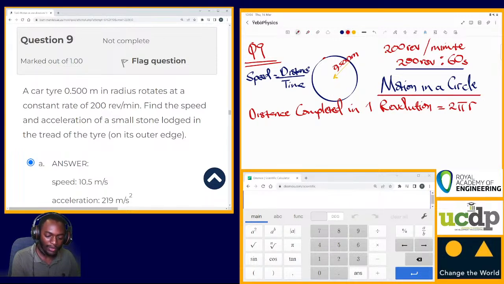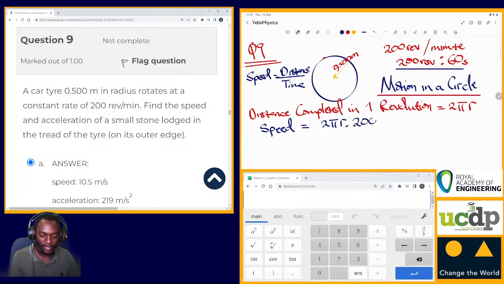So if we go back to our equation, the speed becomes equal to our distance, which is 2 pi r for one revolution. But how many revolutions do we have in our question? 2 pi r is for one revolution, and we actually have 200 revolutions, right?